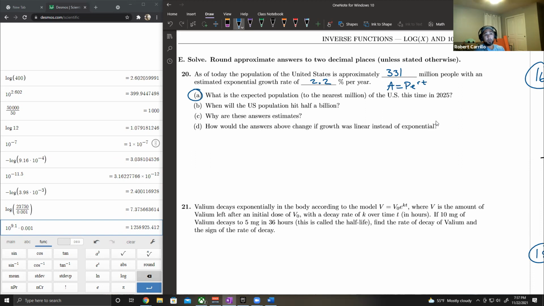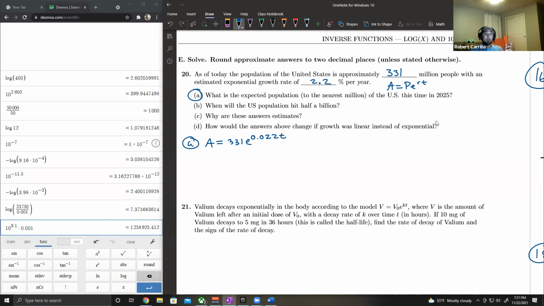Let's set up our formula first. A equals the population right now, 331 million people, times e to the, and this is our growth rate, 2.2%. Remember to convert it to decimal. So e to the 0.022 times t, where t has to be in years, of course.